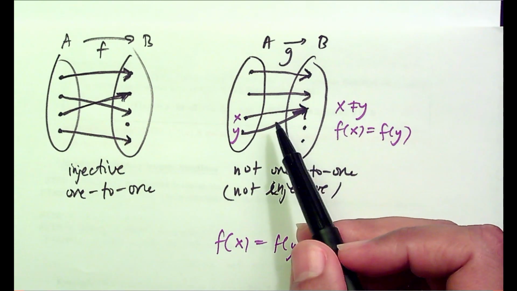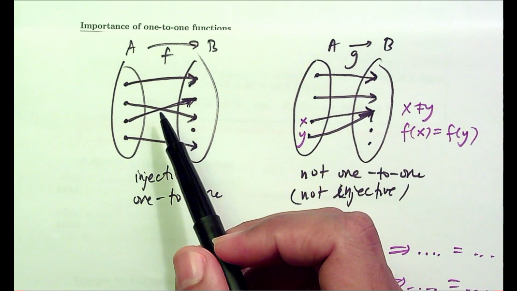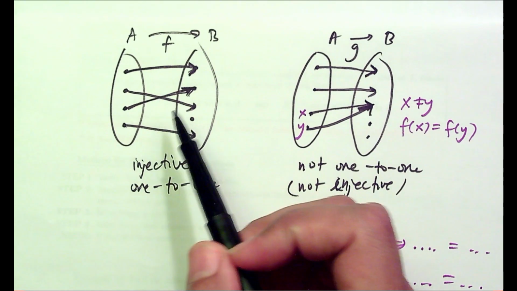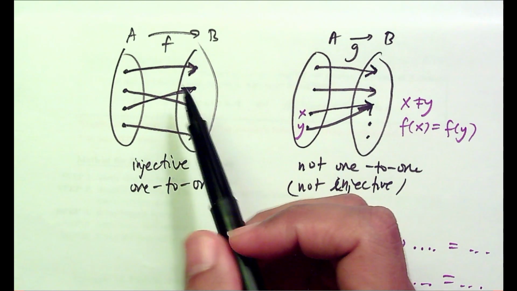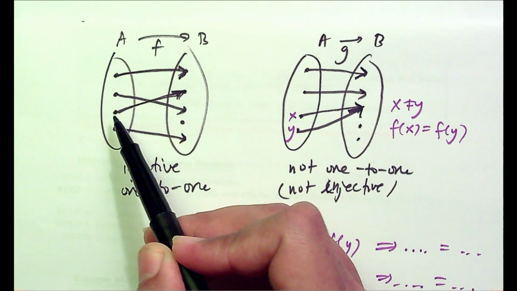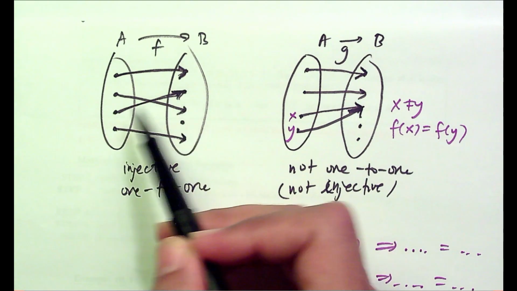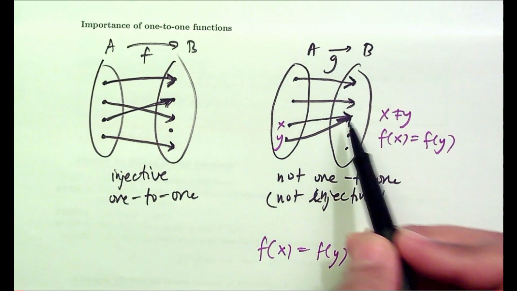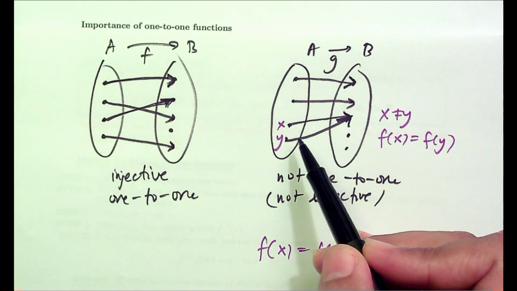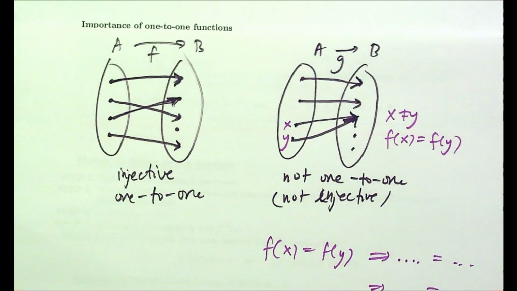I would need more information, but you don't need more information if the function is injective because for each output there is a unique input. So you can trace your steps backwards and go from output to input if it is injective. But if it is not injective, then you cannot do that. You cannot tell me what was the original input if all I know is the output.